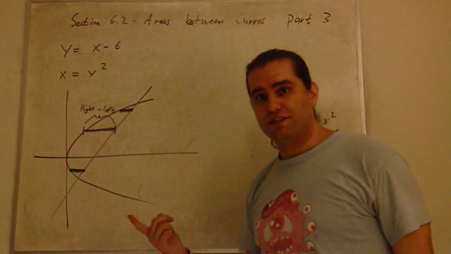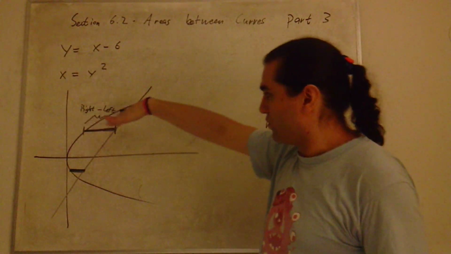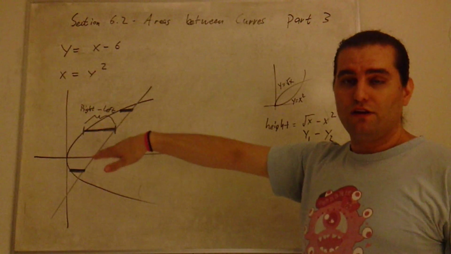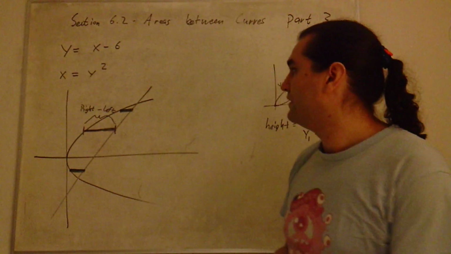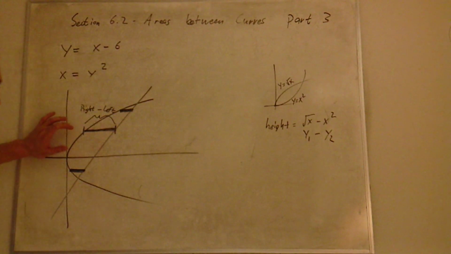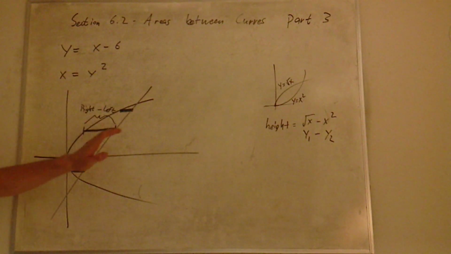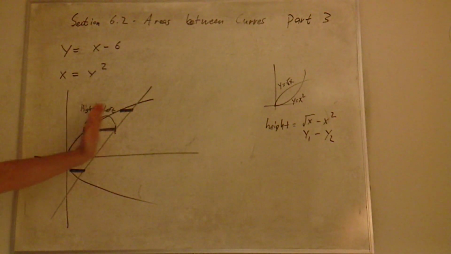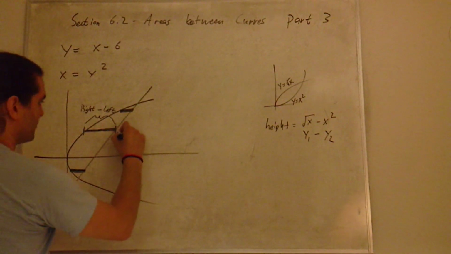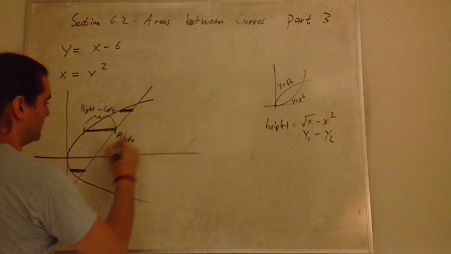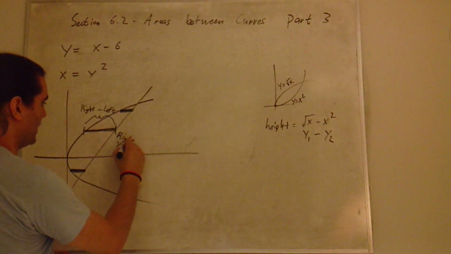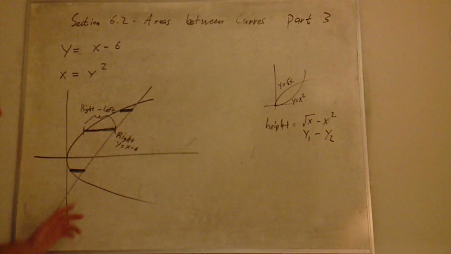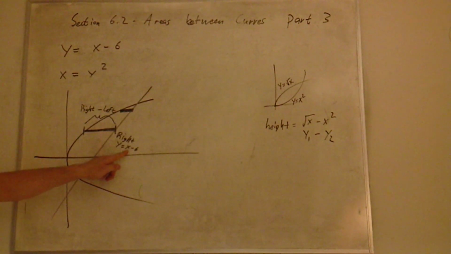So the first transition we need to make, if we're going to slice this thing horizontally instead of vertically, the first cognitive shift we have to make here is to think about this not in terms of top and bottom, but in terms of left and right. So here we have the right function, and the right function is always going to be y equals x minus 6, but this isn't going to work for us.